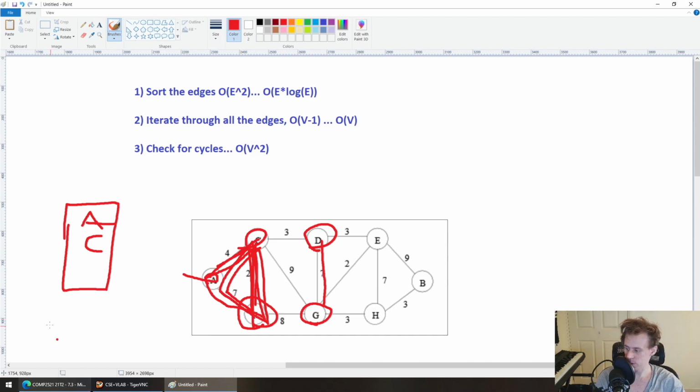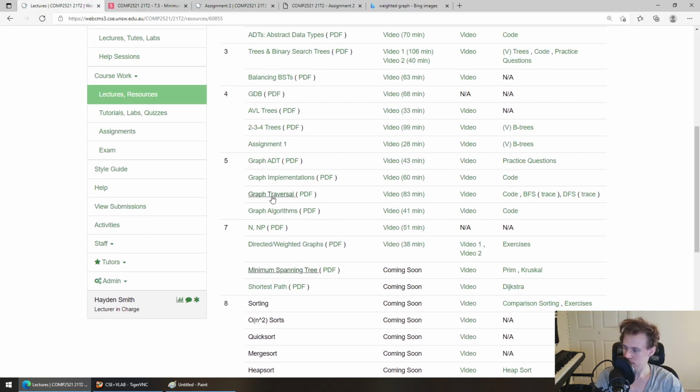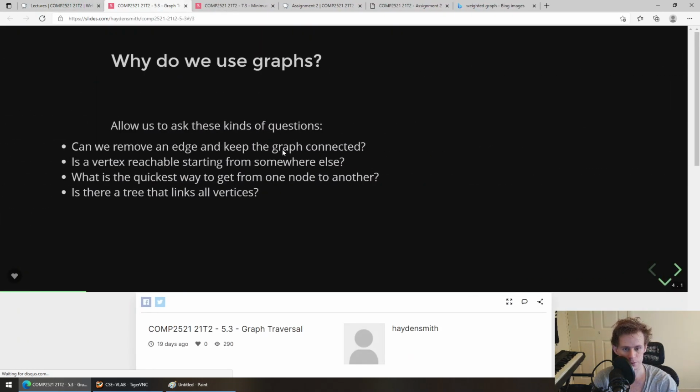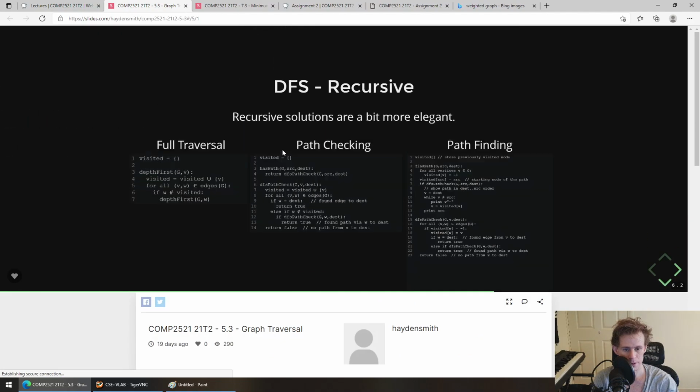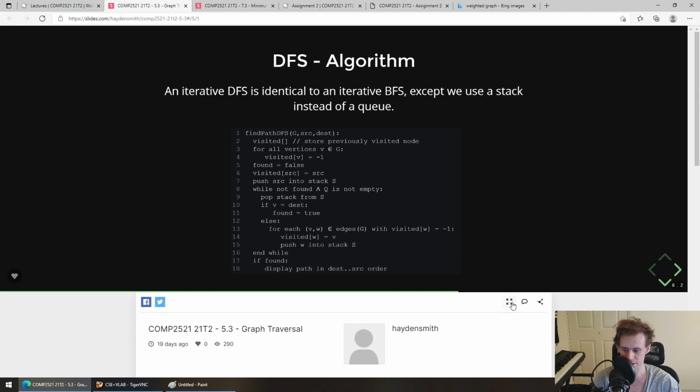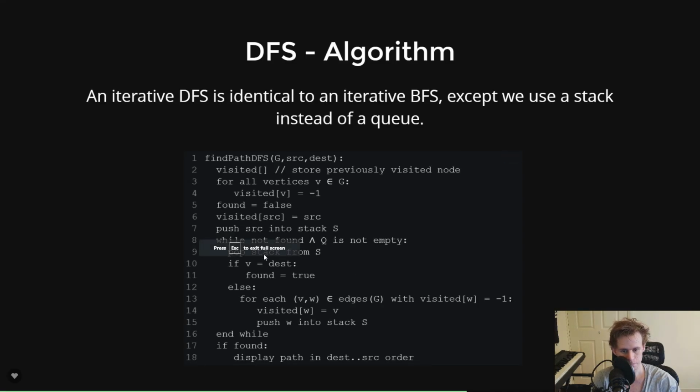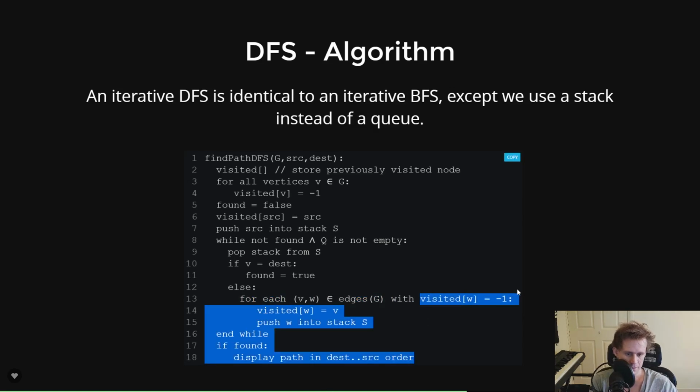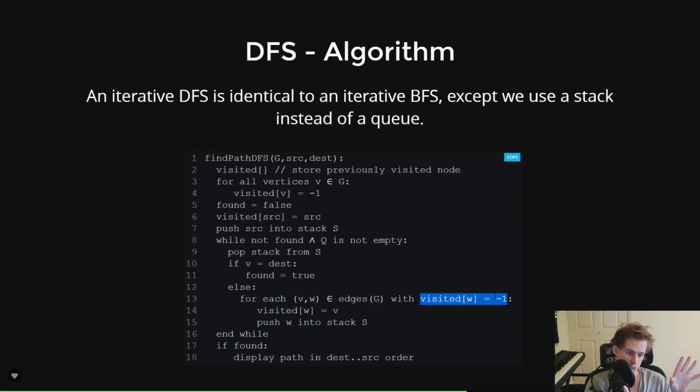If you were to go back to, say, our graph traversal stuff, where is it? DFS. If you were to go back here and look at this algorithm where we set visited W to be equal to V, then as part of this algorithm, if you ever had a point where you're trying to add the children and one of the children has been visited, you'd basically be bootstrapping on top of this to check.